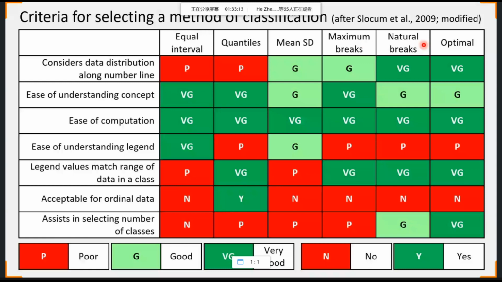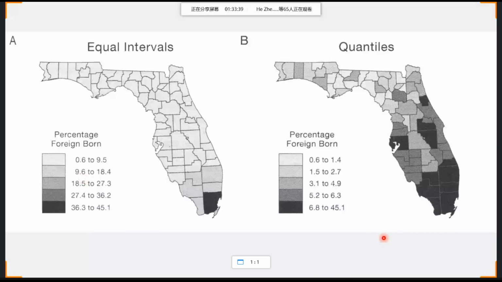So when it comes to visualization, again, there are more criteria, not just the criteria here. These criteria are about the classification method only, so there are no aspects of visualization. When you compare the different maps, you see they look very different. And usually we don't want to have such a map.